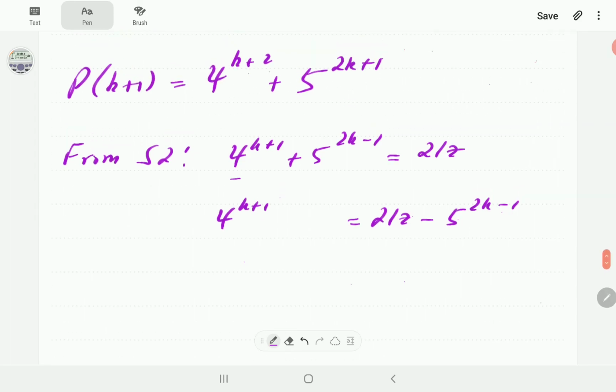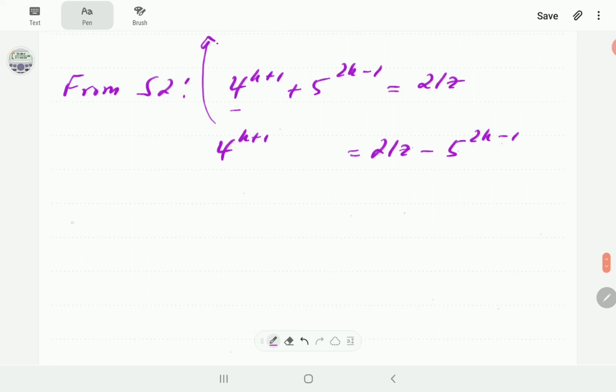Then this we will substitute into that p of k plus 1. Maybe I want to substitute it somewhere there.